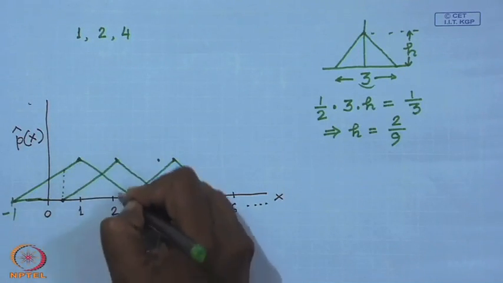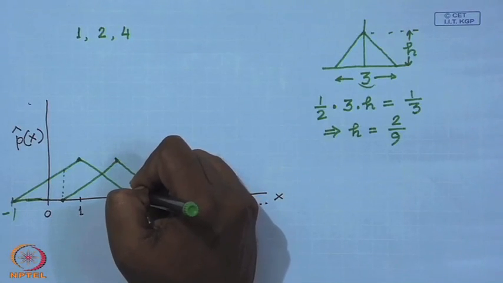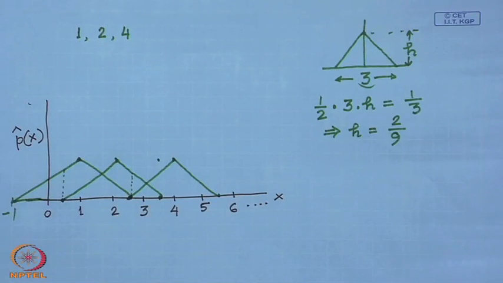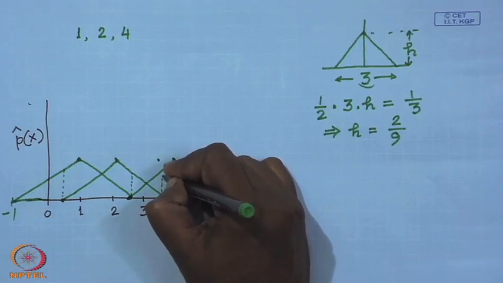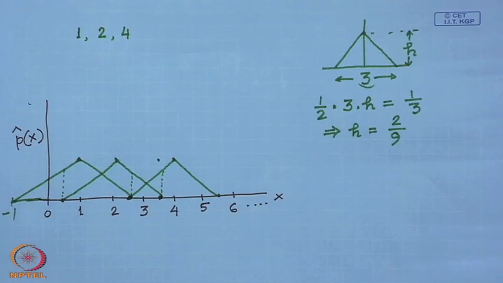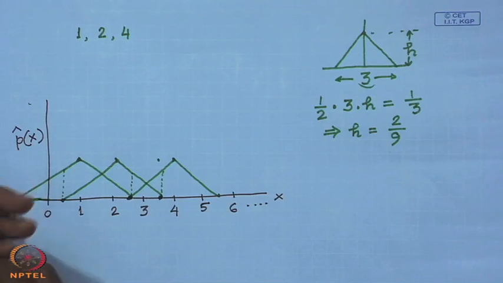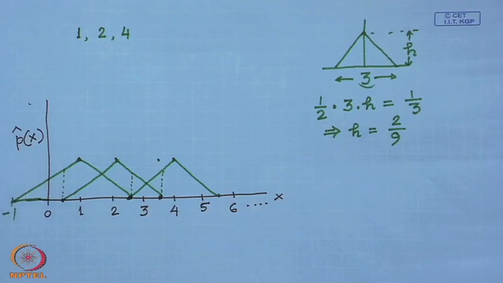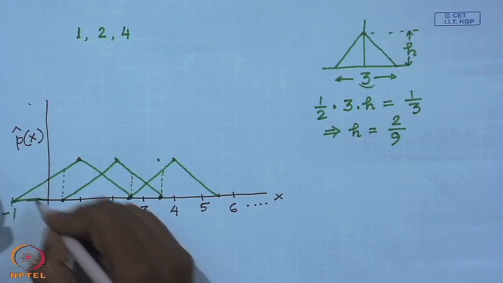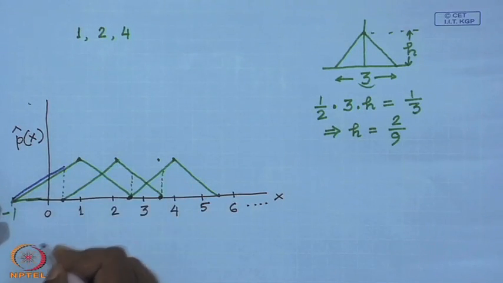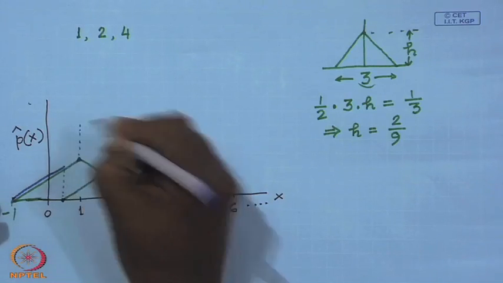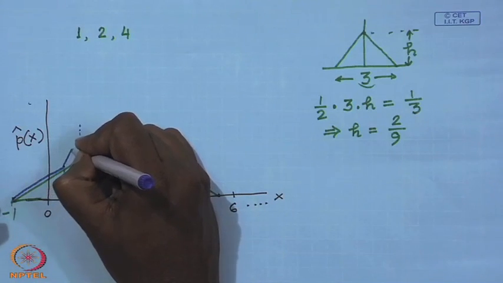From here to here, I have superposition of two windows, and then again up to this point, I have superposition of two windows. So, from here to here it is a single window, then up to this point it will be like this.